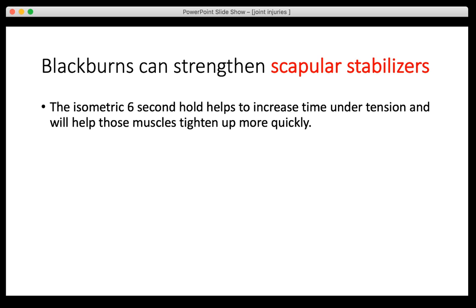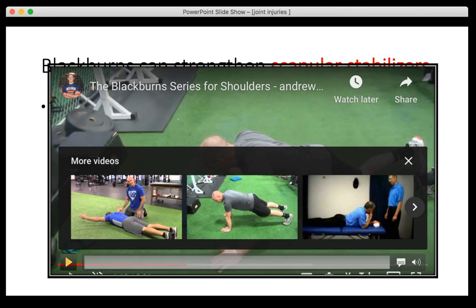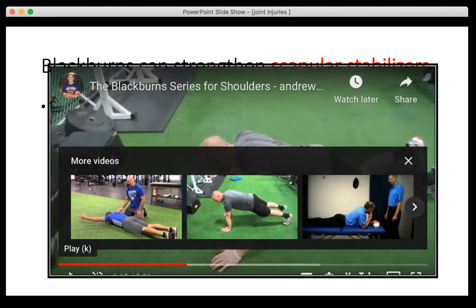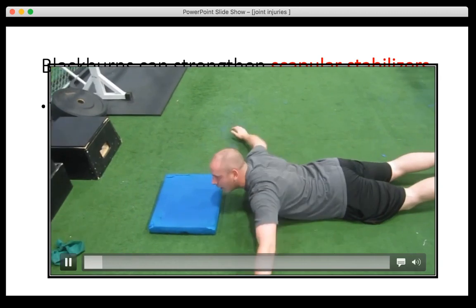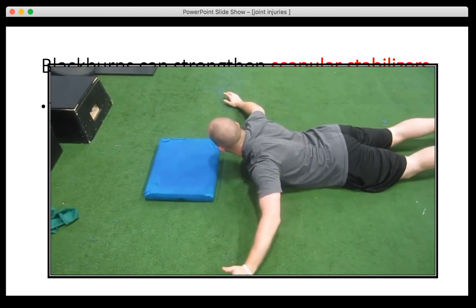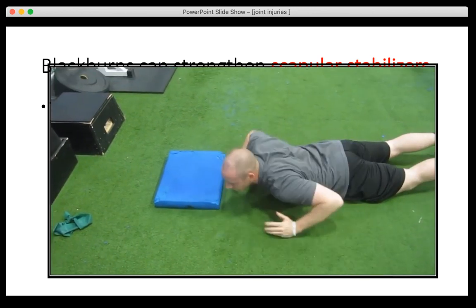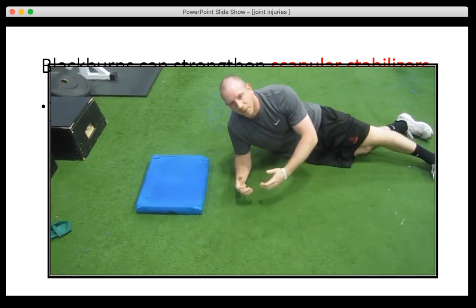You can strengthen these scapular stabilizers, and this video will show you how. If you want full detail, just type Blackburn workouts for shoulder strengthening, and you will get the full video.